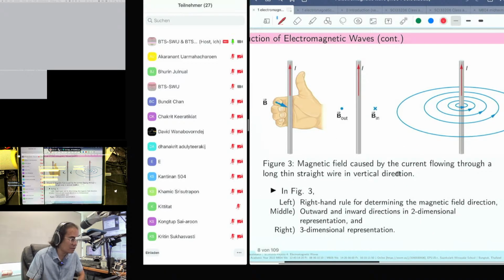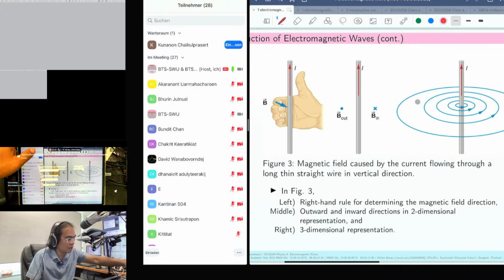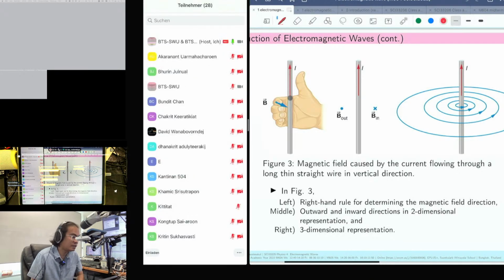Okay, let's move to the next one. We have a different type of current movement. The one here, let's say the current is moving upward, like this.